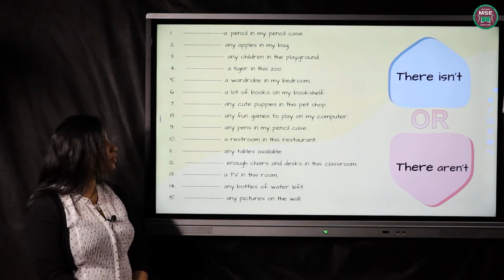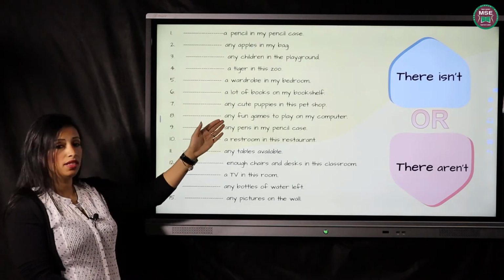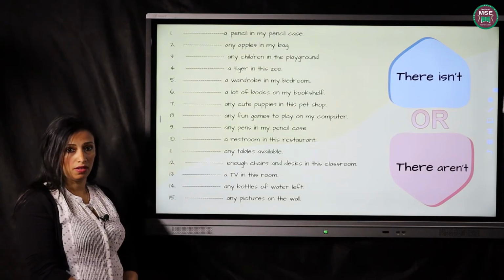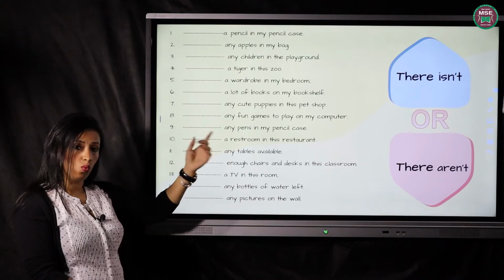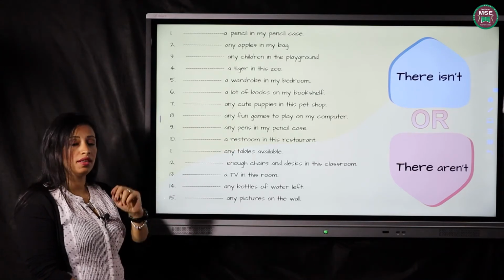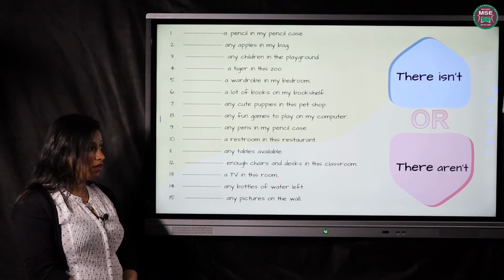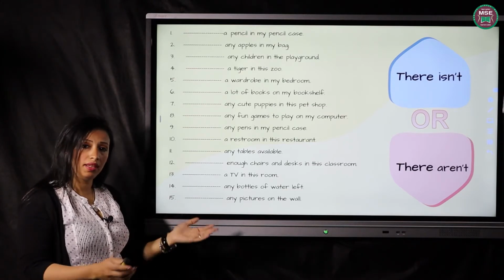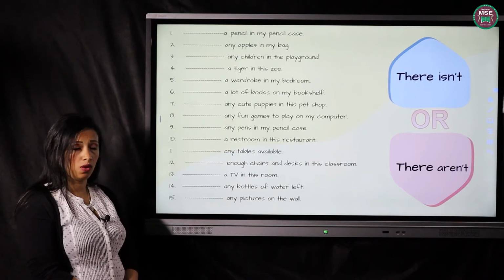Okay, look at this example, number one. We are going to use there isn't or there aren't. We use there isn't to talk about one thing or one person that doesn't exist around me, or there aren't to talk about many things that I can't see or don't exist around me.